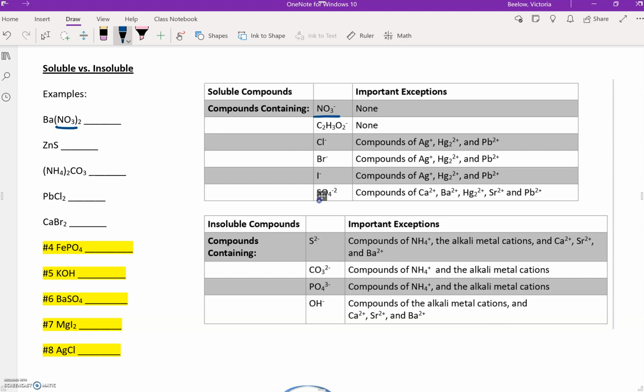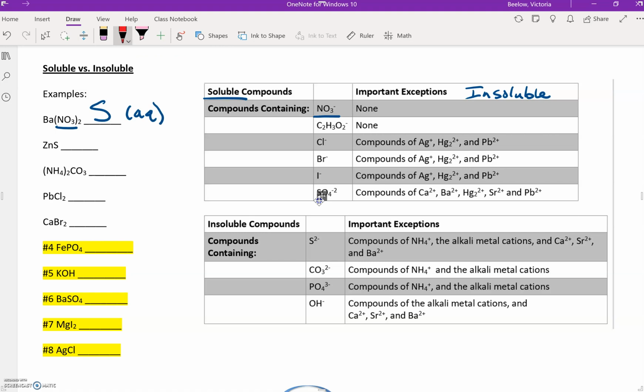So since it has NO3 present, this is going to be a soluble and therefore aqueous compound. And again, this has no exceptions. If it did have any exceptions that were in that compound, then these would be insoluble.